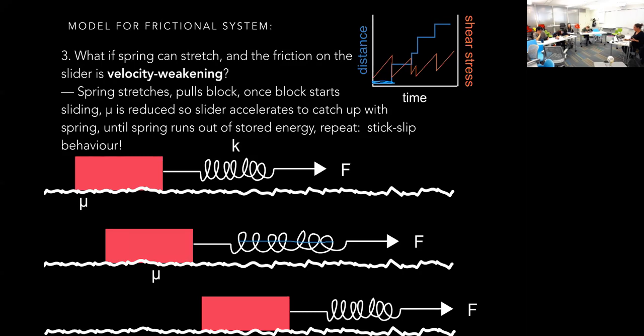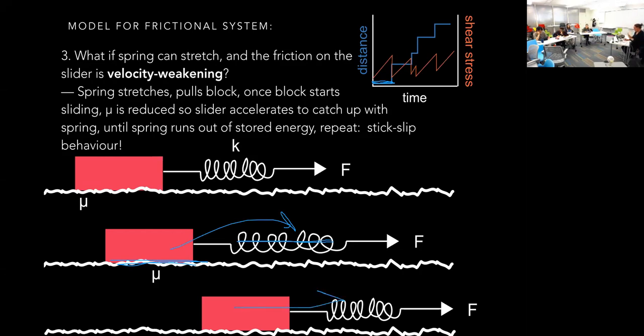Because when you reach that critical stiffness and you translate some of that motion back to the block, instead of just pulling along at a constant rate, once you accelerate the block, the frictional resistance decreases. So the block can actually accelerate and bunch up the spring again.